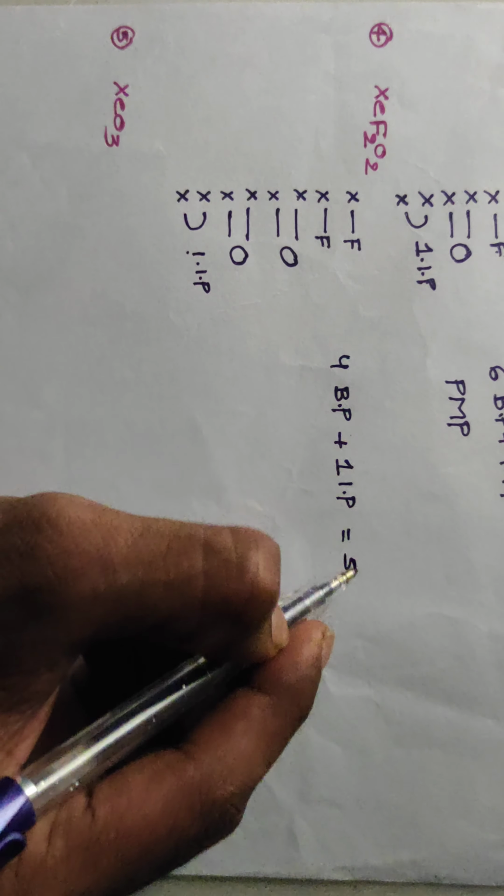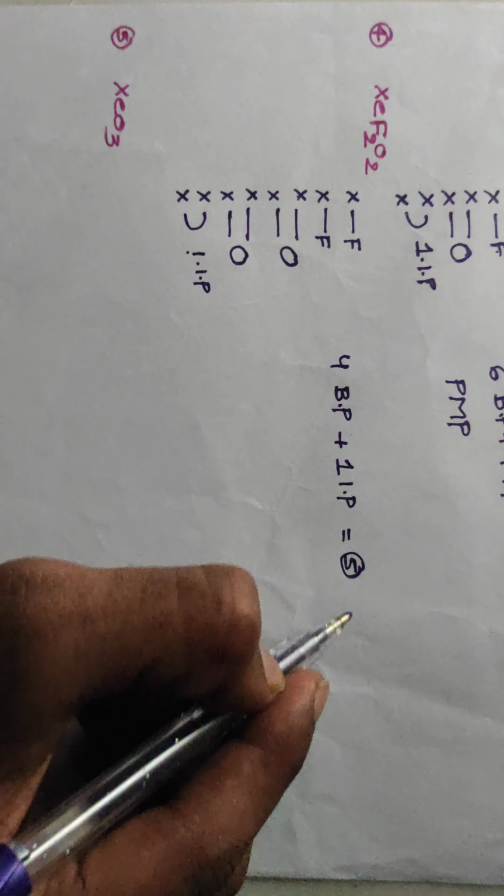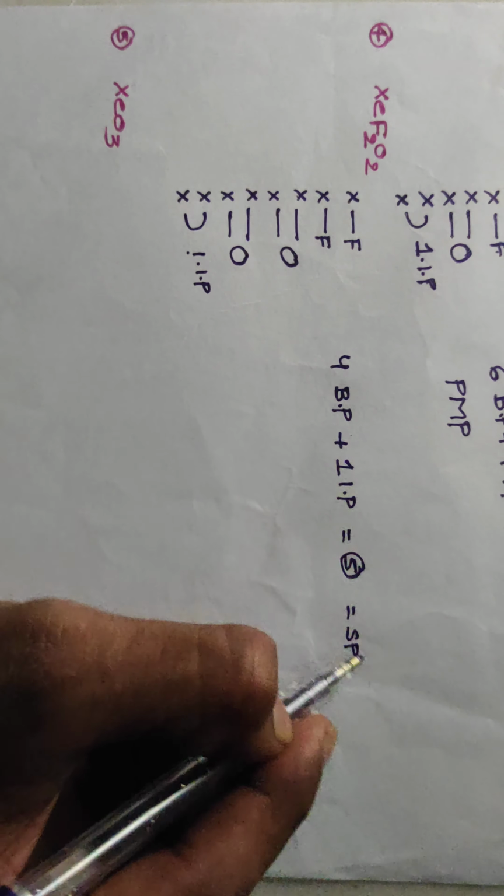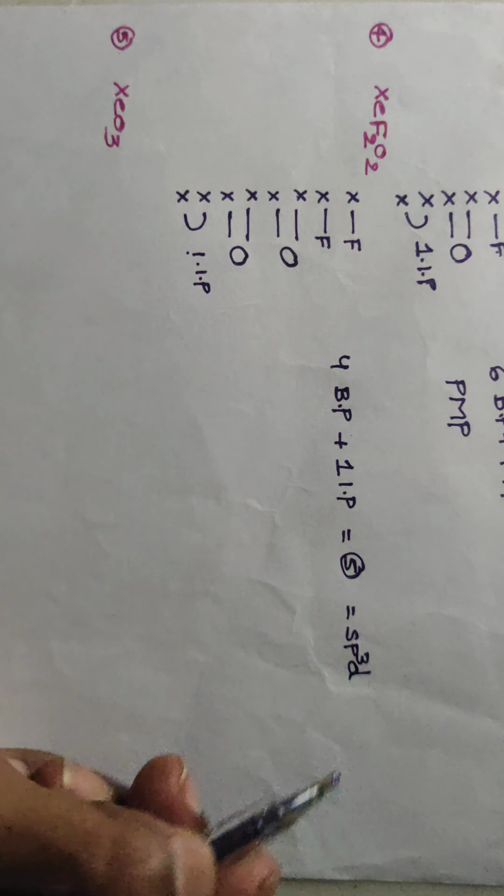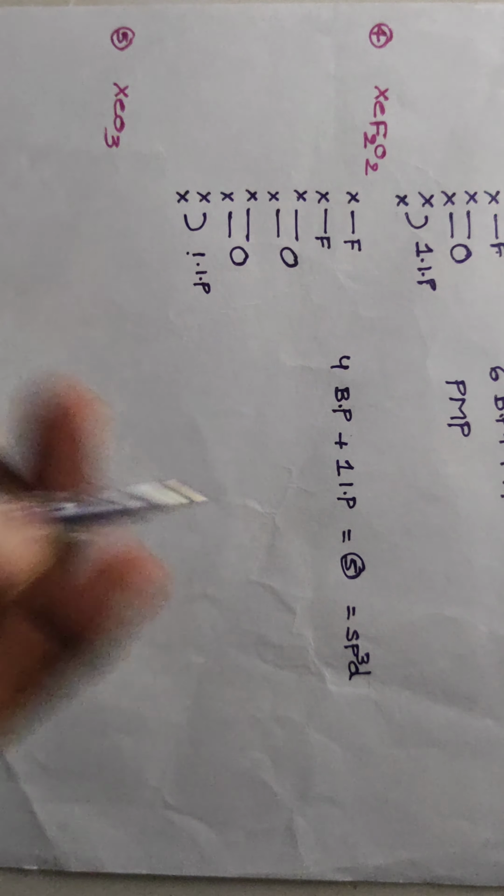So the number is 5. So the hybridization is sp3d, with 4 bond pairs and 1 lone pair.